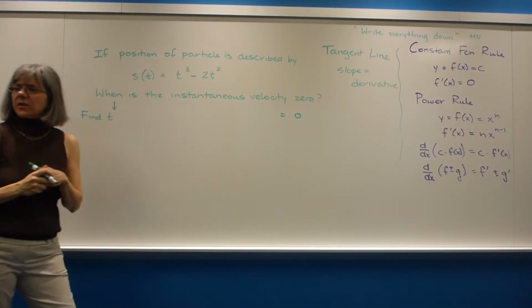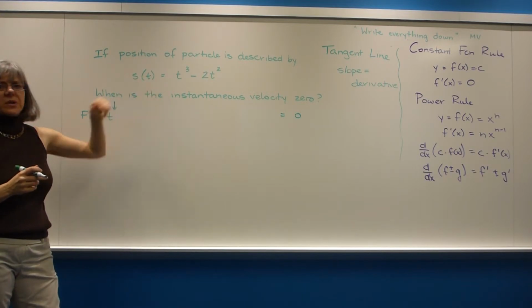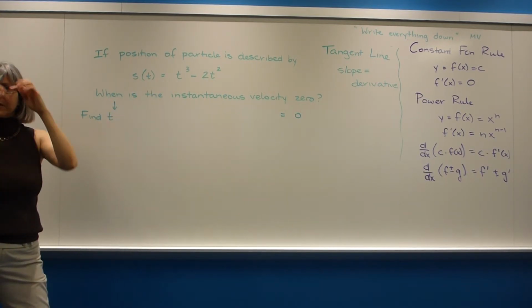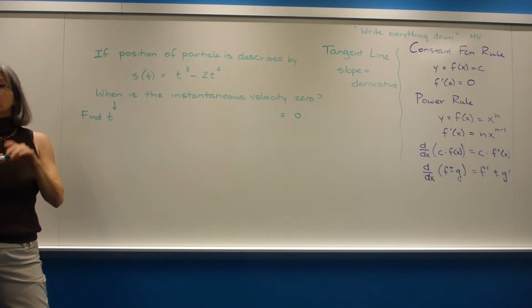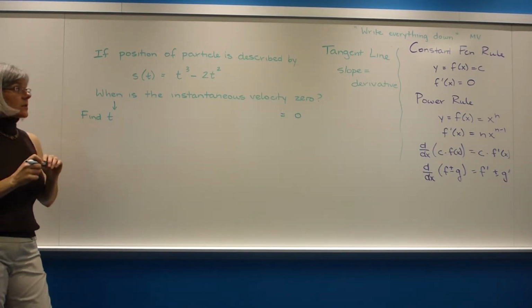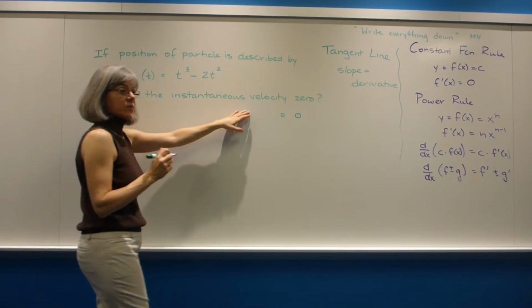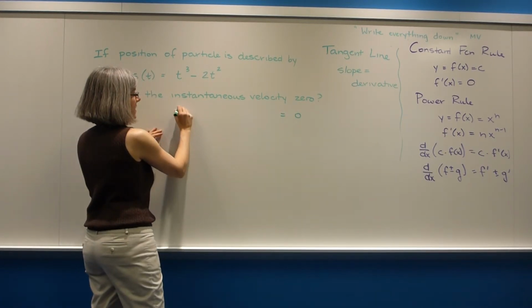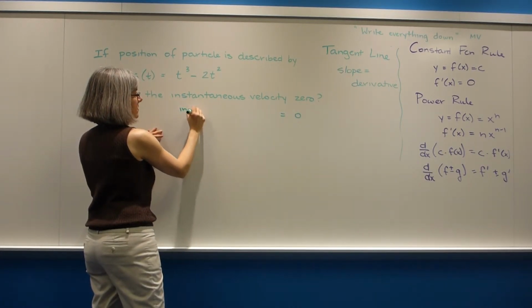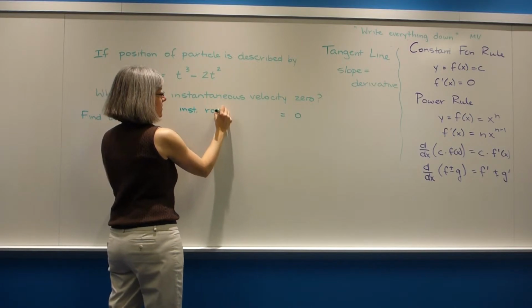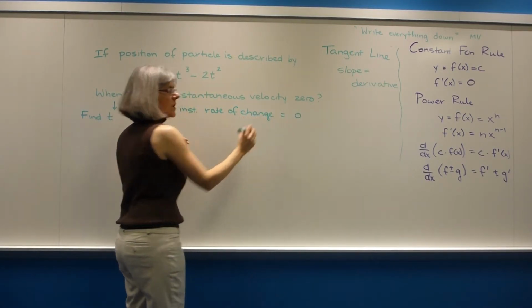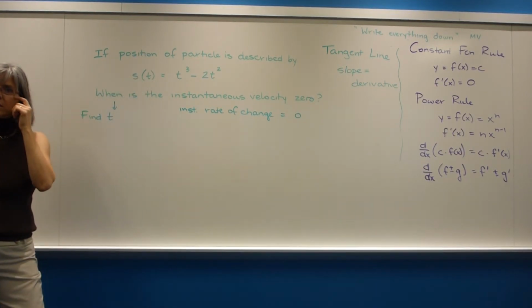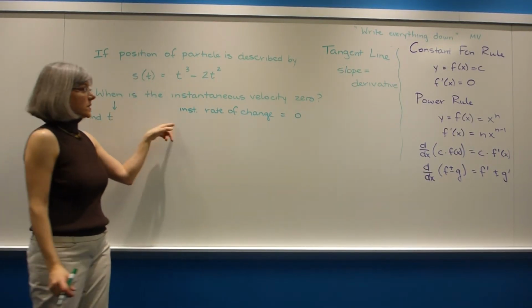What is instantaneous velocity? How does velocity compare to position? Rate of change. Yes, velocity is rate of change. So I now have instantaneous rate of change. What is rate of change? Slope, instantaneous slope.